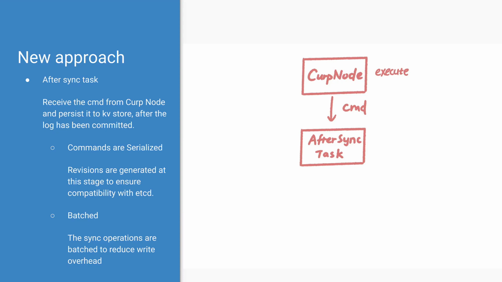In the after-sync task, all commands are serialized to address the consistency issue I mentioned earlier. Meanwhile, commands are batched while persisting to the key-value storage to reduce the write overhead, and it is significantly better compared to concurrent writes to the backend database.